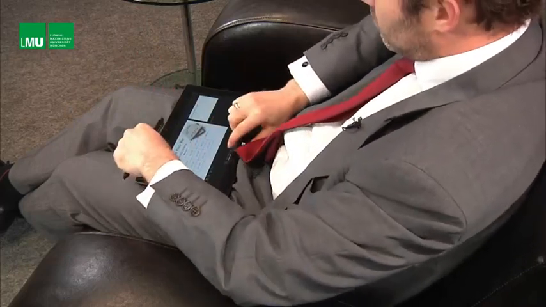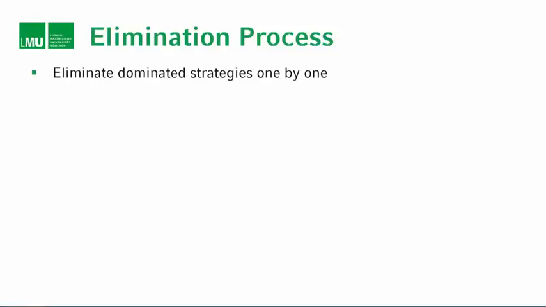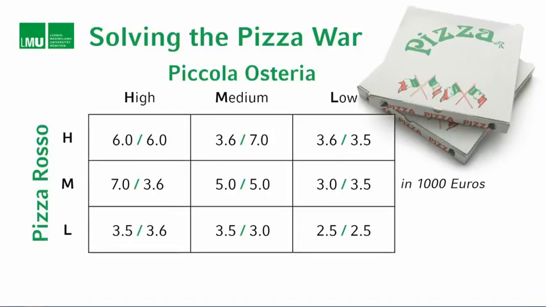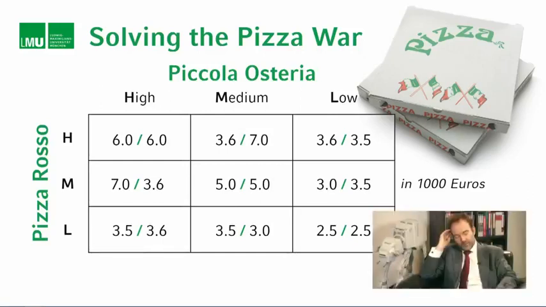Okay, so if we just have a look, we can eliminate the dominated strategies one by one. Let's go back and see how we can do that. So if Piccolo Osteria would charge a high price, we're here. Pizza Rosso can choose a high price and get 6, a medium price get 7, and a low price and get 3.5.